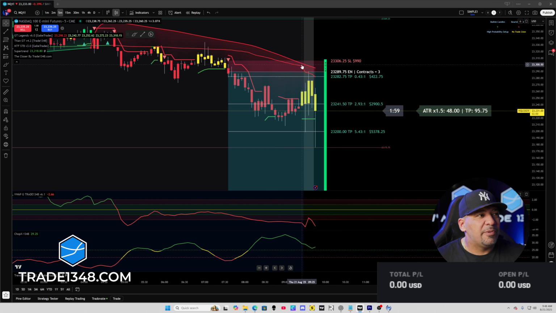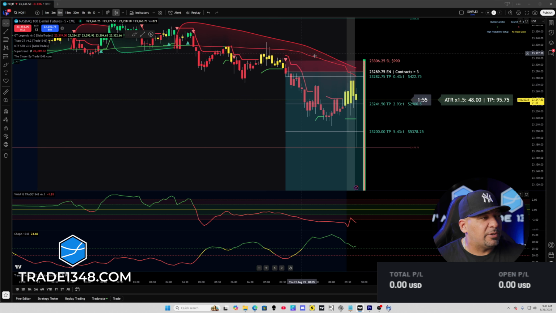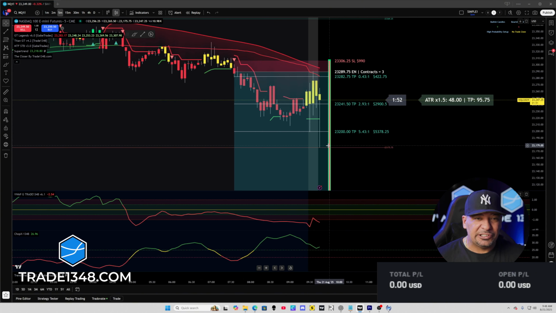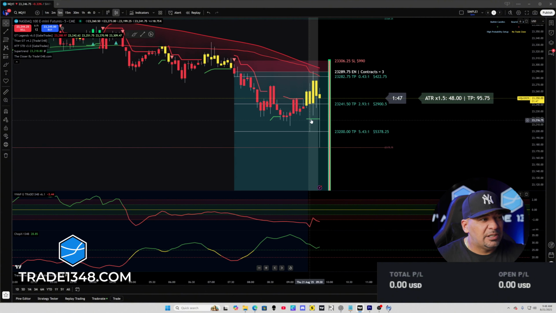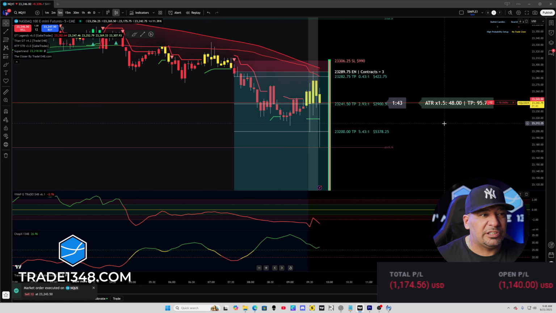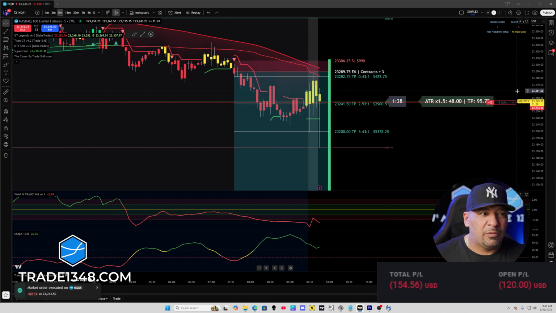Well, we have the dominant trend, which is GT500 red here, and then we are below VWAP. So basically our thesis is to the downside, right? We have a super trend here, which we bounced off of. What I'm going to do is just go short because I want to go with the trend. And we're going to see how this looks, okay?